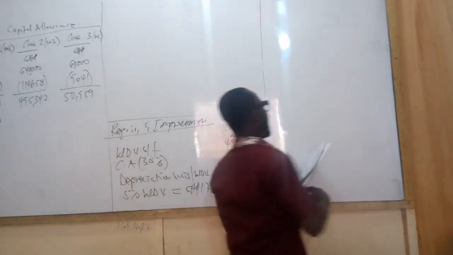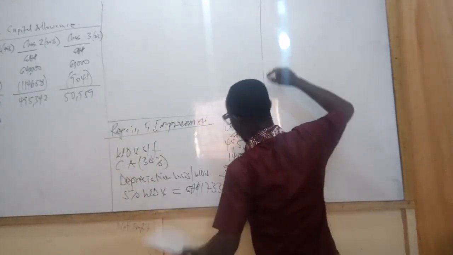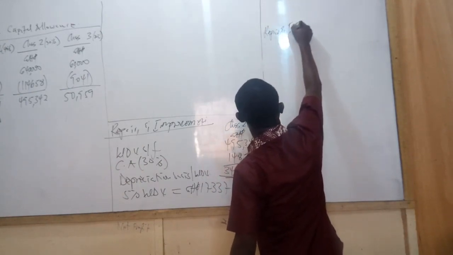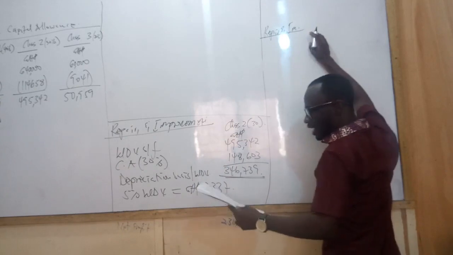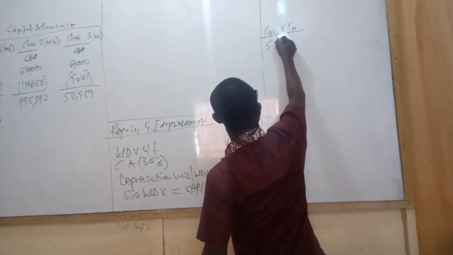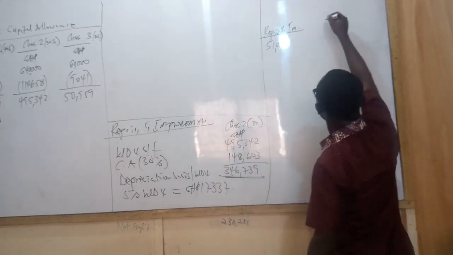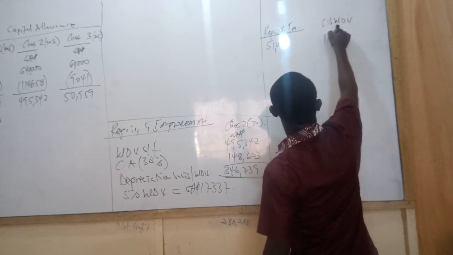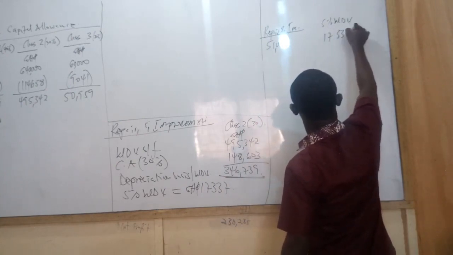17,335. But then if you look at it, our repairs and improvements, put it in the middle like that, was 51,000. Then 5% of the written down value is 17,337.